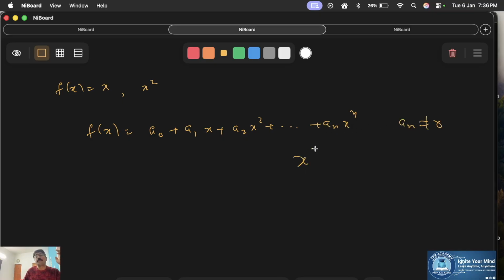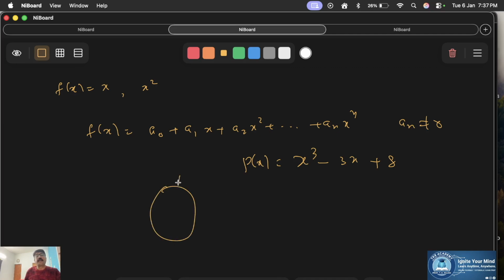For example, x³ - 3x + 8 is a polynomial, p(x) or f(x), whatever it is. It is of degree 3, we say. It's a polynomial function. If you are given a polynomial function, you can compute all the images for every x.